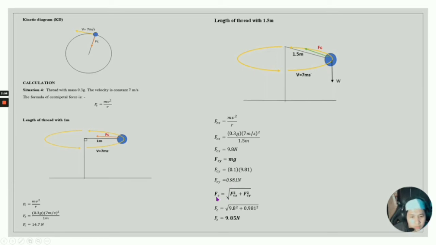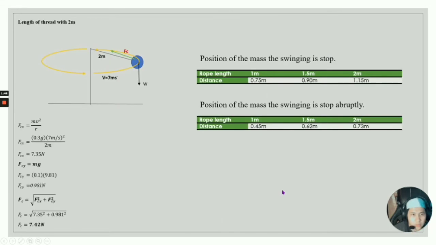For the FC, we use another formula, which is FCX squared plus FCY squared, square rooted. So we get 9.85 Newton.